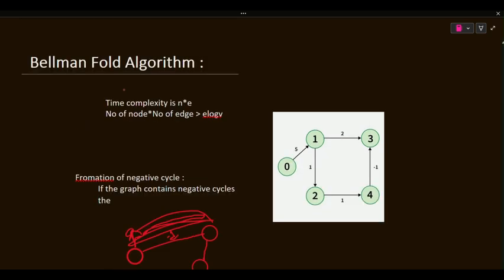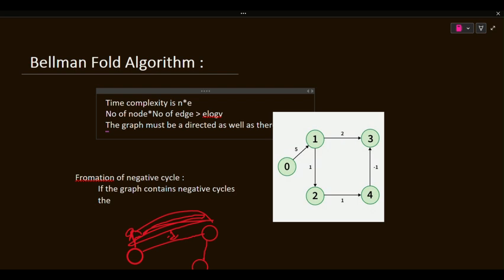So first of all, the clear point is that to use the Bellman-Ford algorithm, the graph must be a directed graph, as well as there should be no negative cycles.